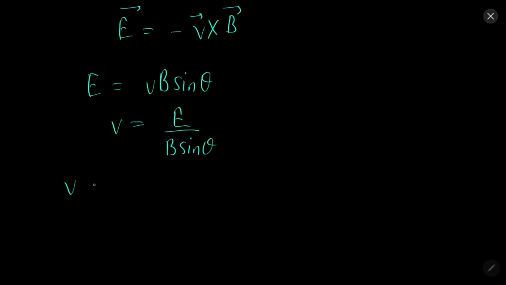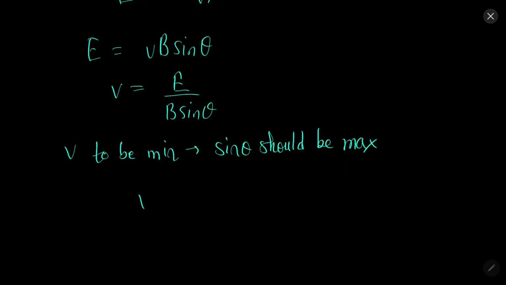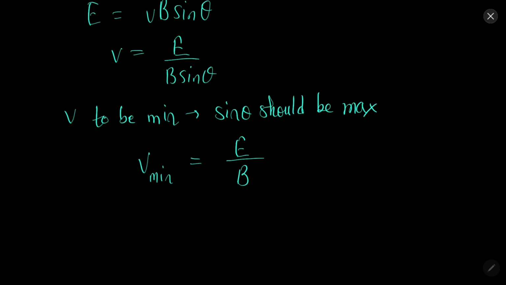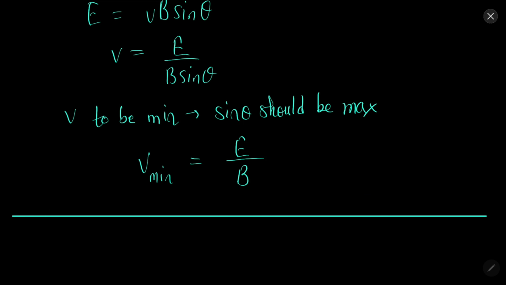So for V to be minimum, sin theta should be maximum. So V minimum will be, sin theta maximum is 1, so V minimum will be E over B. So if this is the situation, then the velocity will be minimum.